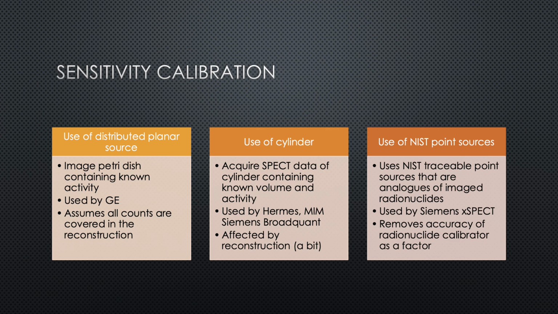So it won't be technetium, it'll be cobalt because it's longer lived, and the same for other energies as well. And the advantage of this method is that you then know you're calibrating your scanner to an activity that is traceable to a primary standard, to a metrology lab, which means that any issues with the accuracy of your radionuclide calibrator become a non-issue.